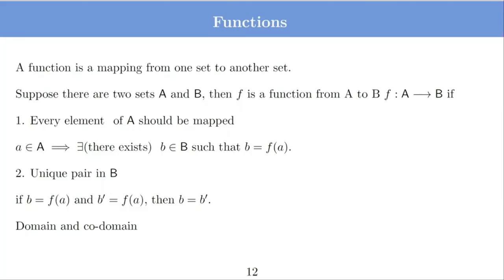This means for all the elements of capital A, there should be a mapping to B. And if there is any element left in A which does not have a map in B, then it will not be a function. Mathematically, we can write it as: small a belongs to A implies that there exists a b in capital B such that b = f(a).